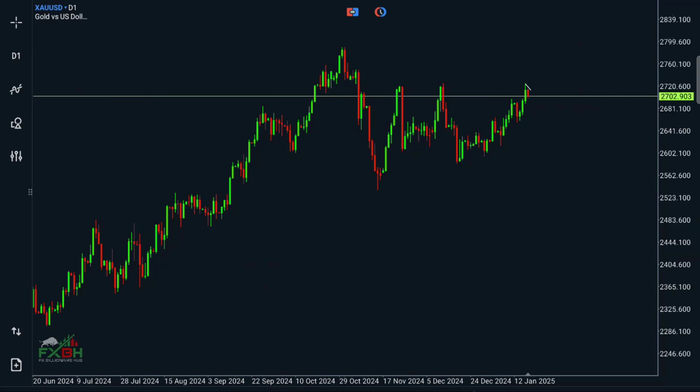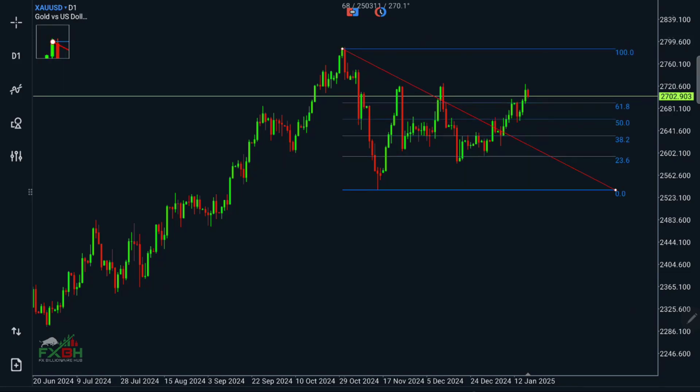Okay, and one more analysis for the daily time frame, that is Fibonacci retracement. If we want to draw Fibonacci on the D1 time frame, let's draw the Fibonacci from that area, around here to here. Let me make it a little bit more accurate.